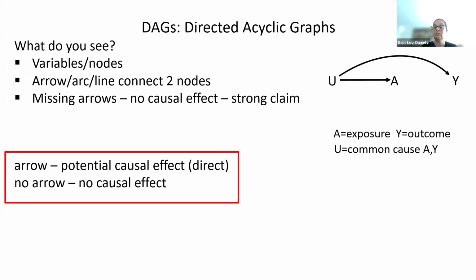So arrows represent potential causal effect, and no arrows means that there's no causal effect. We usually use A as an exposure and Y as an outcome, although sometimes you will see E and D, exposure and disease. And U is a common cause of A and Y. It's a variable or a factor that impacts the exposure, but also impacts the outcome.